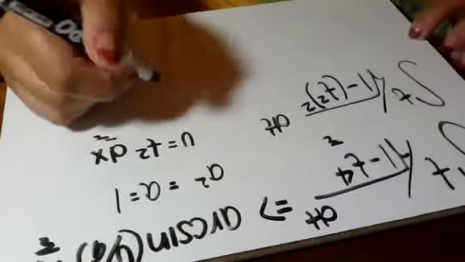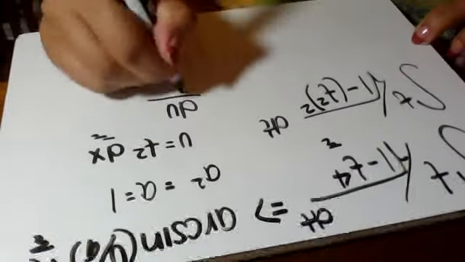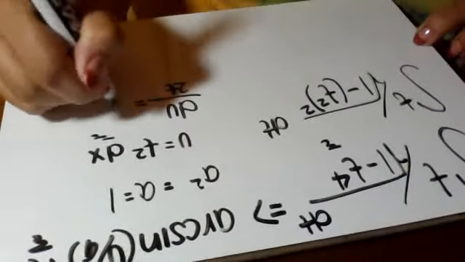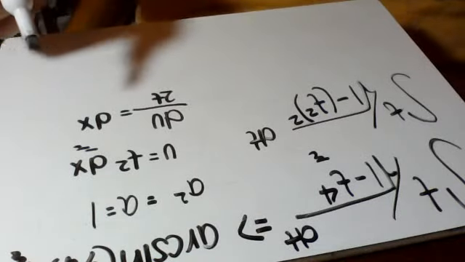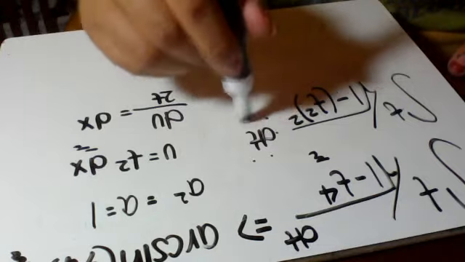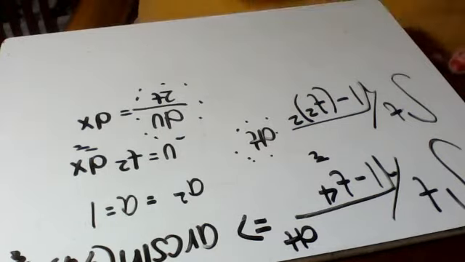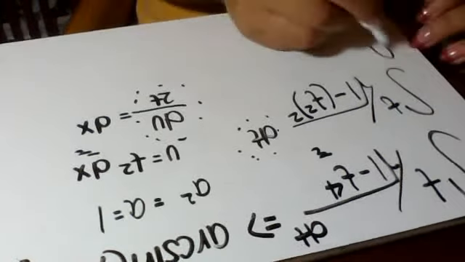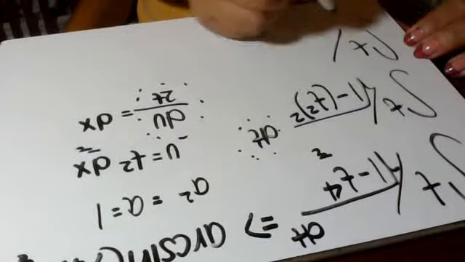So we go du equals 2t dt, and we're going to replace the dt here with the du. By doing that, you'll see that something is going to cancel out. I know it's a lot of writing, but we have to do it.